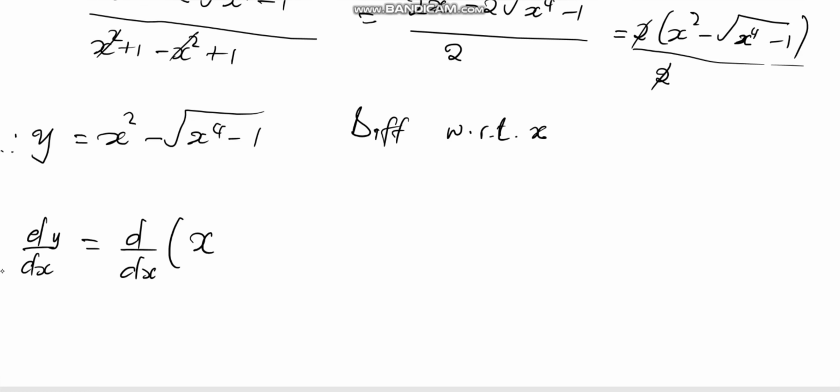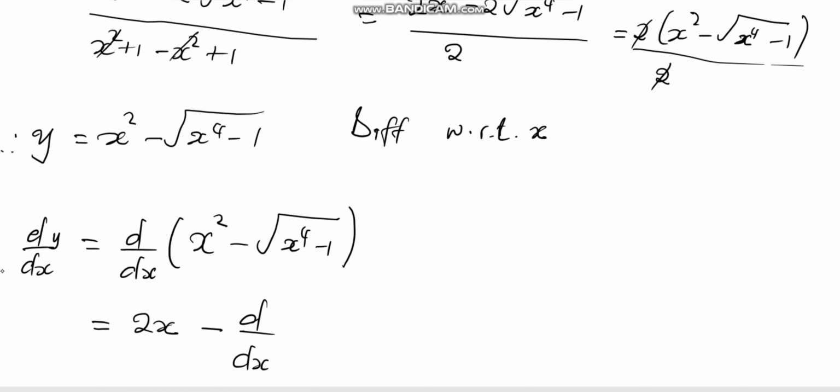So we have x squared minus the root of x to the power 4 minus 1 like that. So then if we differentiate x squared, we're simply going to get a 2x then. Then minus, differentiating this term here with respect to x, we're going to change what we have here. So that will be x to the power 4 minus 1. Then we have the power half like this here.